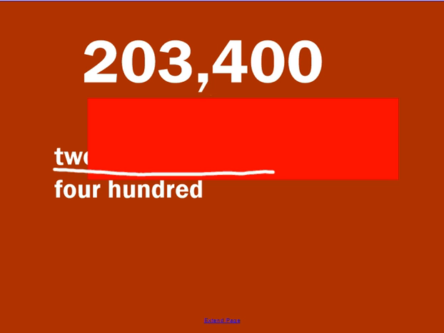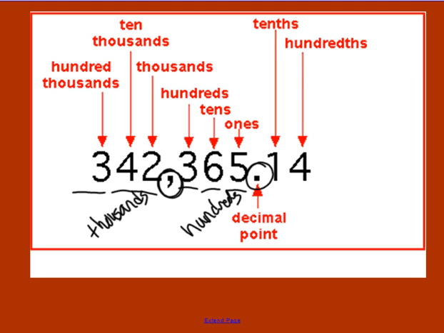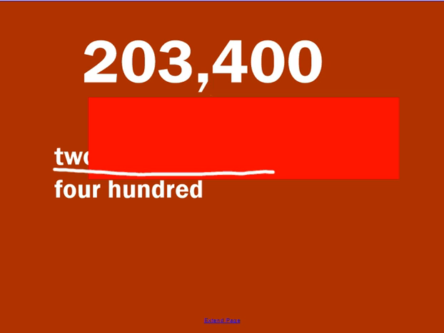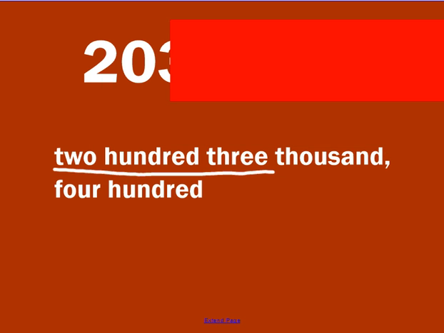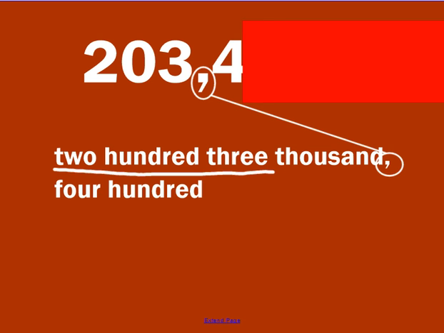And since I have only one comma, I could even refer back to my chart here, which is, okay, 1 comma means I'm in the thousands place value. Okay, so then back here, all right, then I have 203,000, and don't forget that because I have a comma in my word and I have more following, I need to include that comma. 203,400.